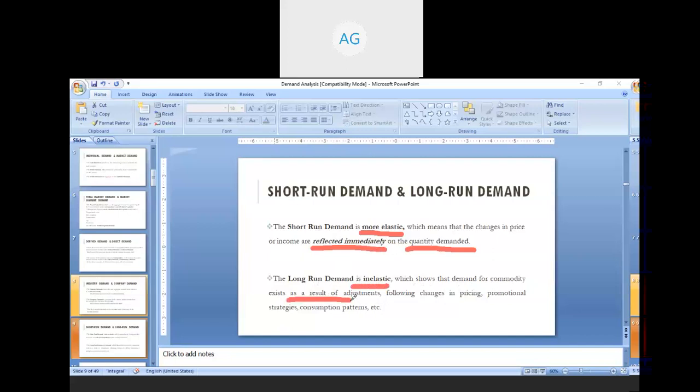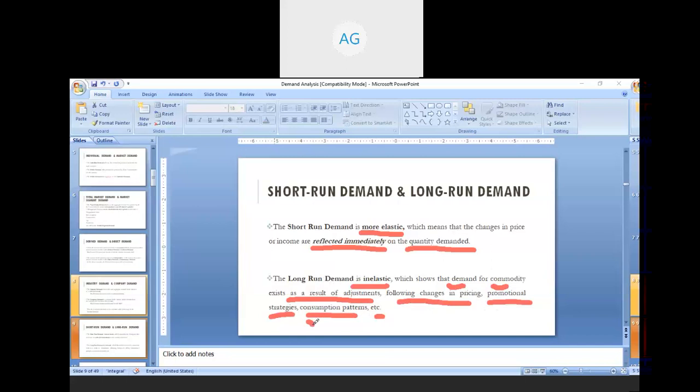Now the long run demand is inelastic, which shows that the demand for the commodity exists as a result of adjustments following changes in pricing, promotional strategies, consumption patterns, etc. So the long run demand deals with parameters like changes in pricing. If you increase the price, then the demand is low. Then promotional strategies: sometimes offers are given on items in order to promote that item in the long run, to generate long run demand for it.